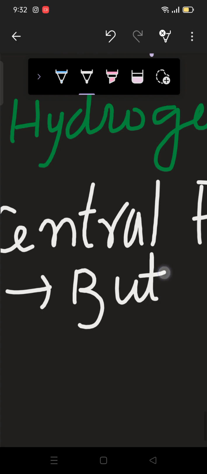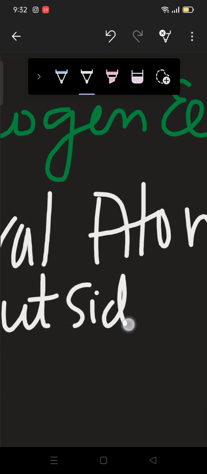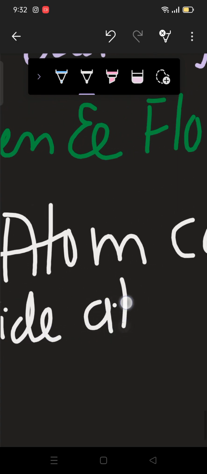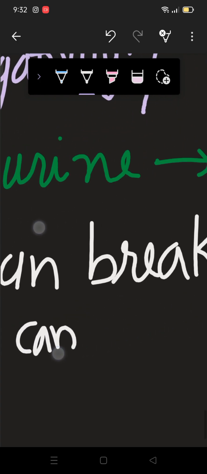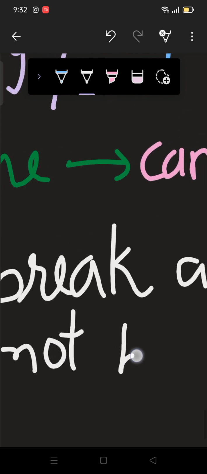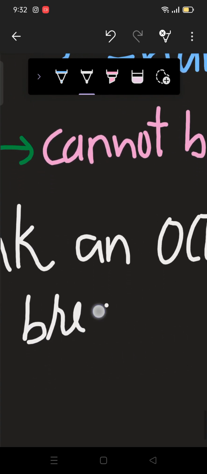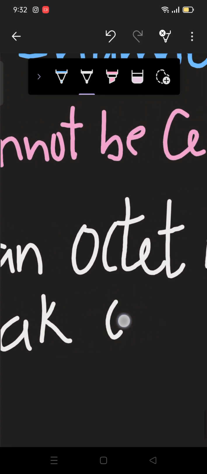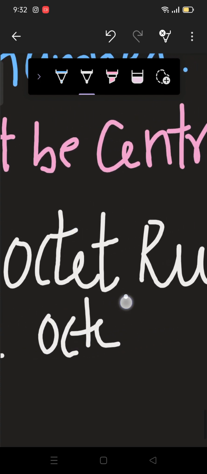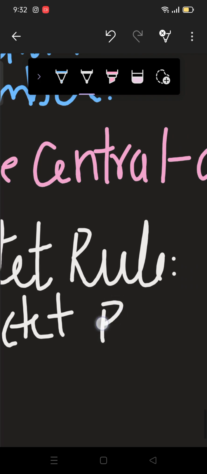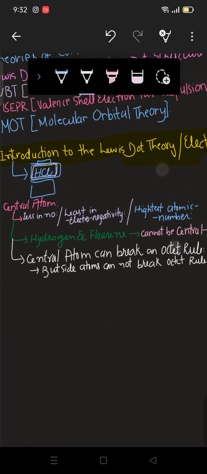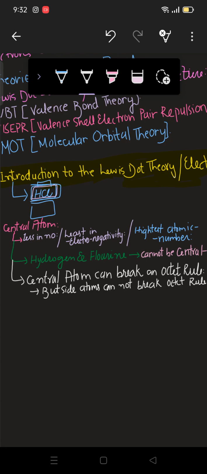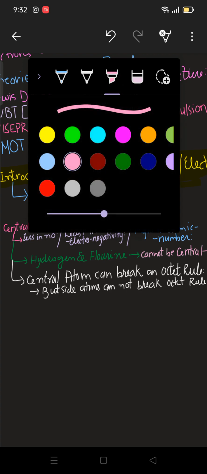Side atoms cannot break the octet rule. So the central atom can break the octet rule. However, side atoms can never break the octet rule.